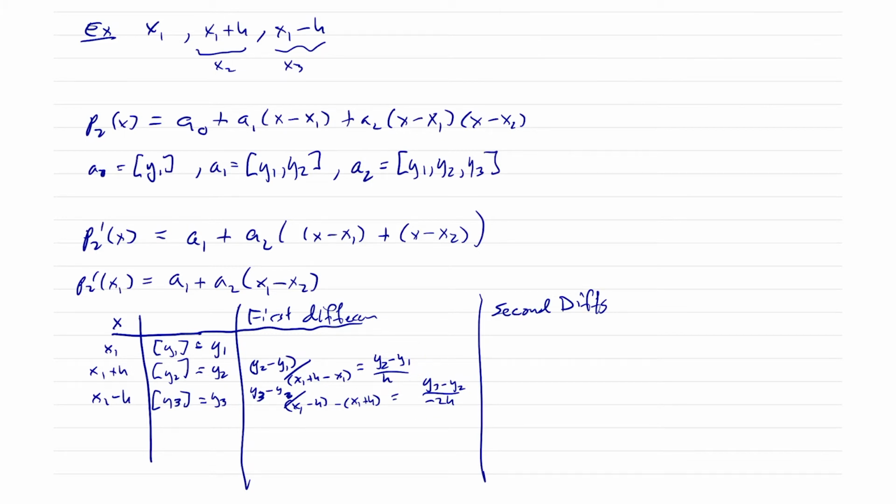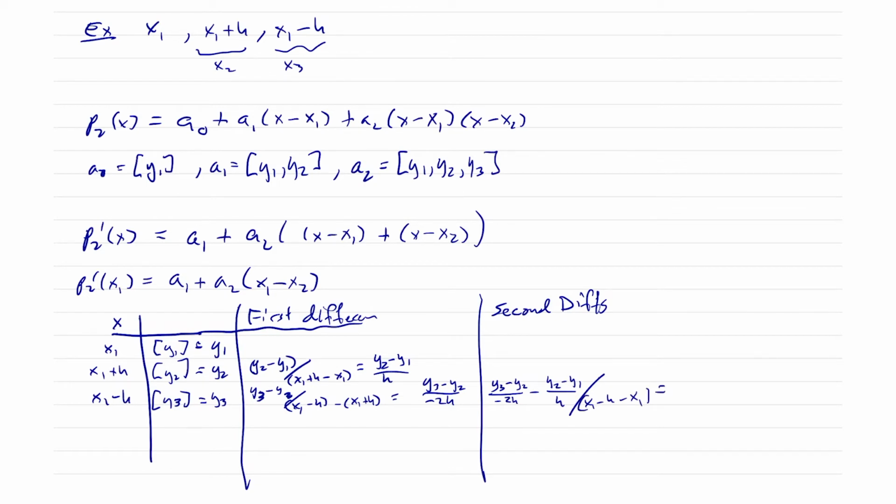So we're going to have y3 minus y2 divided by minus 2h, minus y2 minus y1 divided by h, and then dividing all of this by the x value we have all the way over here, and if we follow up diagonal until we get here, we use this x. Right, so we have x1 minus h minus x1.